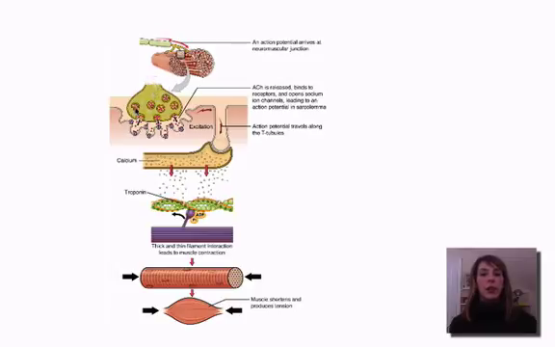So this at the top represents one end of a motor neuron, and that motor neuron is directly adjacent to the muscle cells. Ultimately, the neuron is going to signal to the thin and thick filaments to generate muscle contraction.